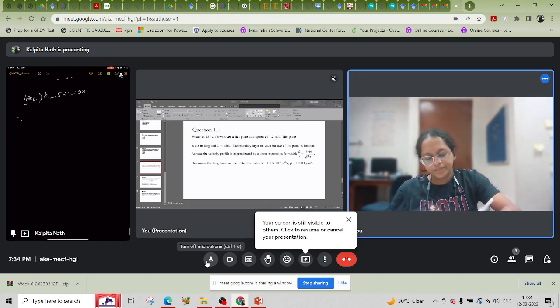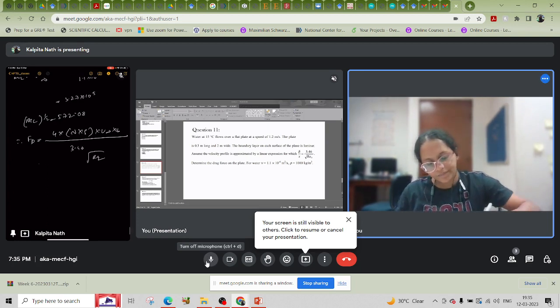Now FD is equal to 4 into nu into rho u infinity b into 3.46 root over Re_L.